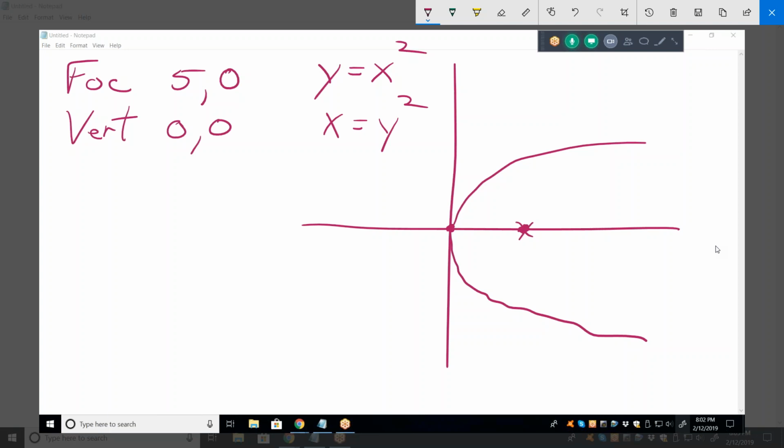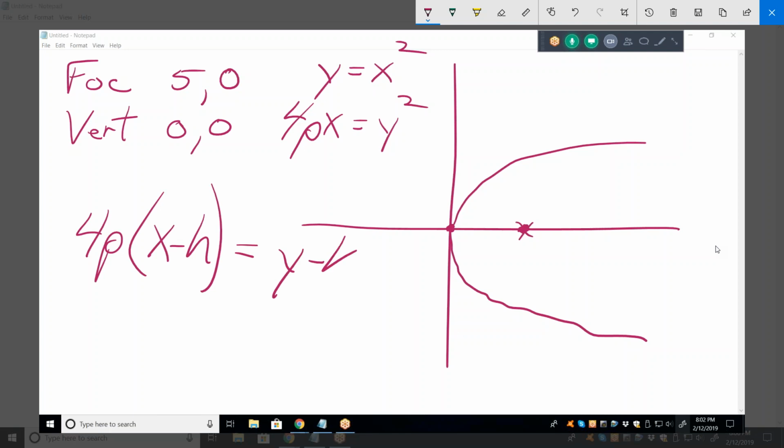The format that usually they use is 4p, which goes next to the term, the variable that's not being squared, equal to that. If there's an h or k, the standard would be different, but since they've told us it's at the origin, this is all we need to work with.